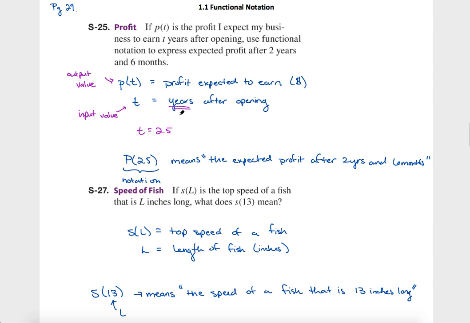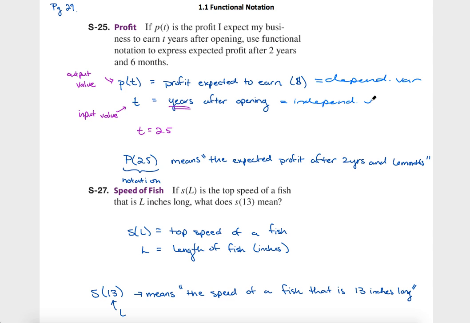Does the year depend on the profit that you make, or does profit depend on the years? So in this situation, it makes sense that the profit is going to change depending on how many years since you've opened the business. So here it makes sense that the profit is your dependent variable and your T is your independent variable.